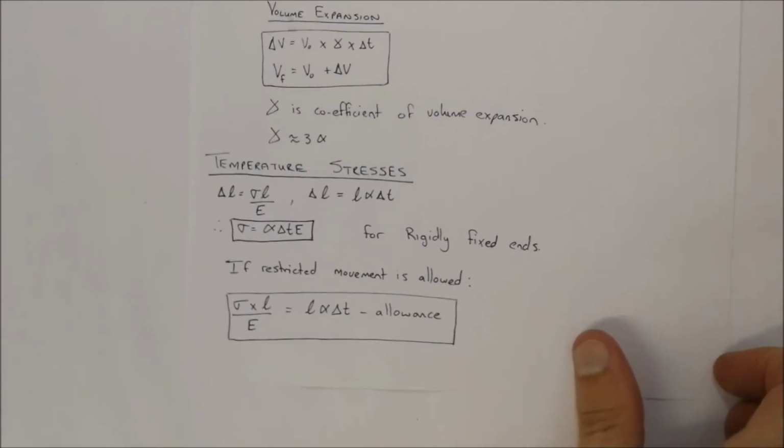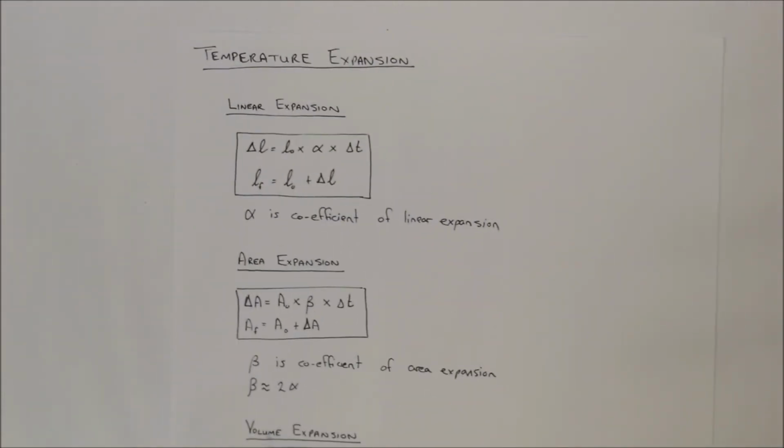With linear expansion, it is quite critical to take this into account. It's the sort of scenario you would come across with, for example, power lines. Often you see power line cables hanging with some ability to move a little bit. You don't want to make those cables too tight, because if it gets colder there's going to be contraction, and that's going to cause tension on the cables.